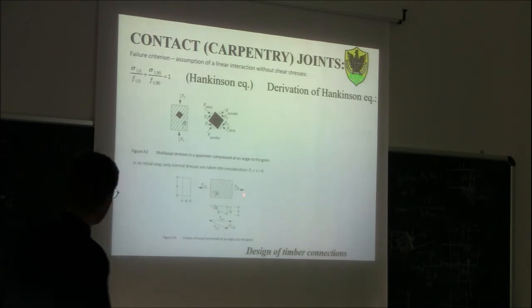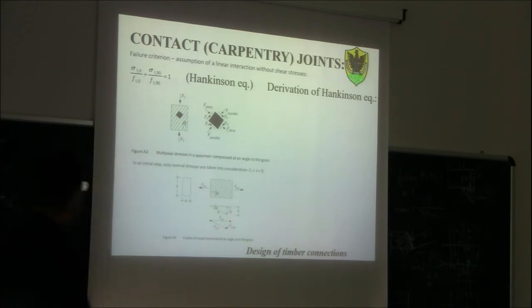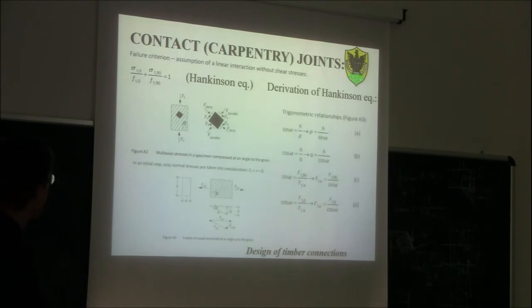And of course, you can also decompose this Fc alpha in one component perpendicular to the grain and another component parallel to the grain. So now we should write all this trigonometric relationship between basically H, P, and alpha, and also between the forces.